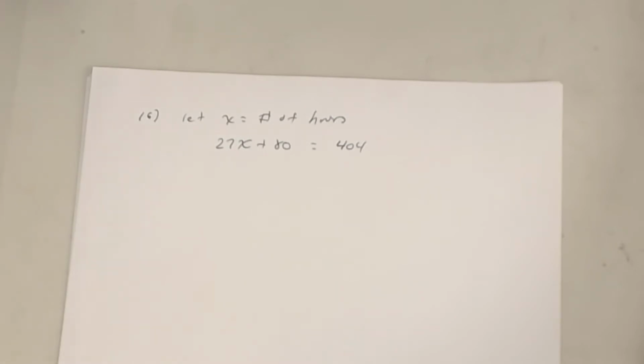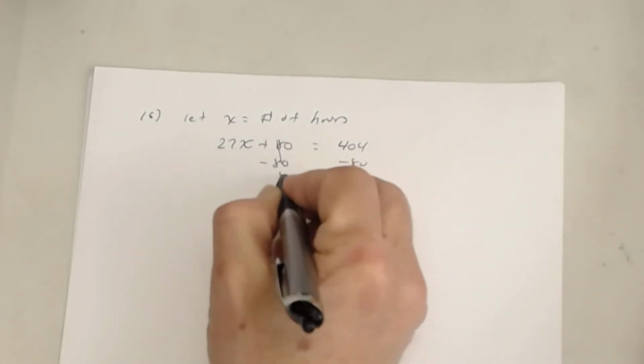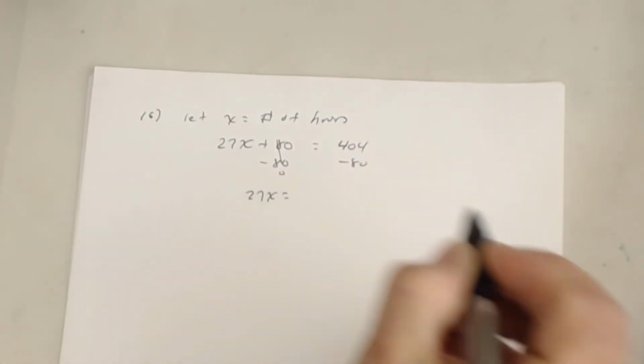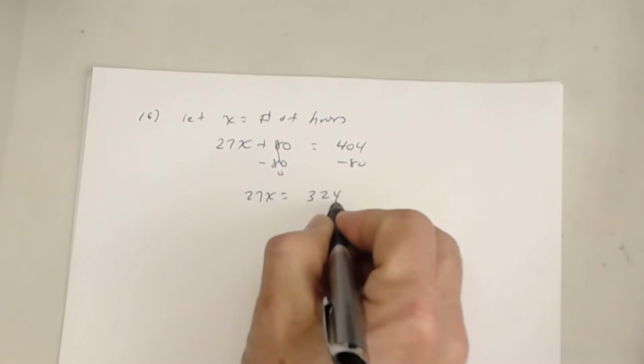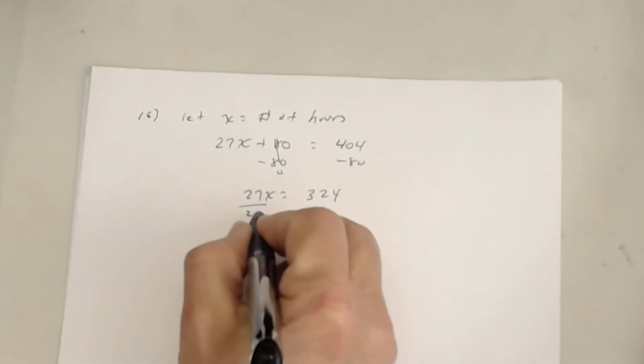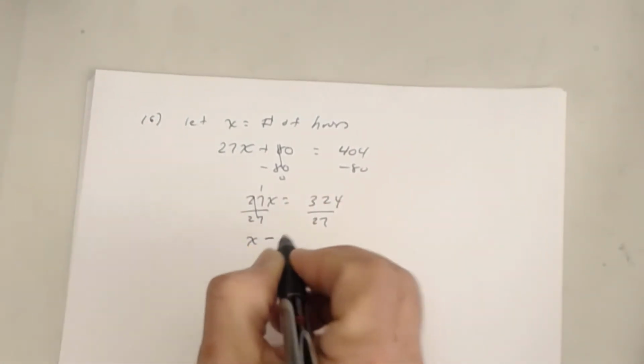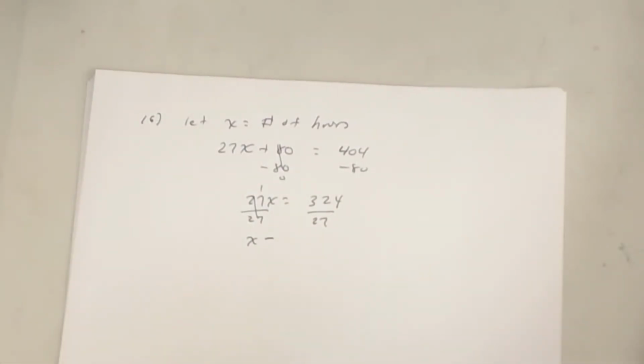So subtract 80. So 27x equals 324, is that correct? Yes. All right, so you may need to use your calculator with this. Divide both sides by 27. Is it an estimate or is it an exact number? 324 divided by 27.